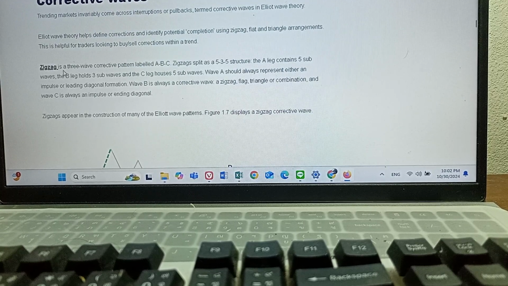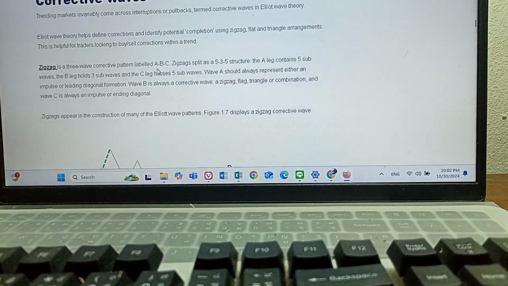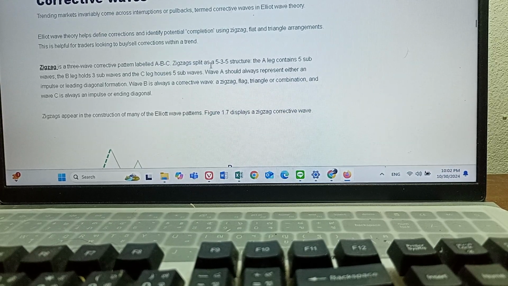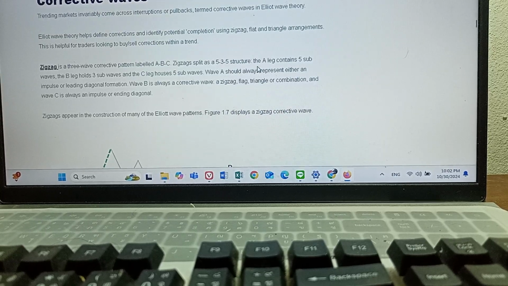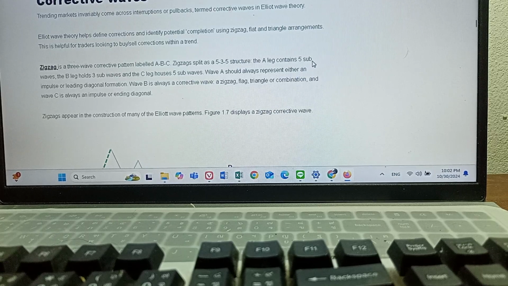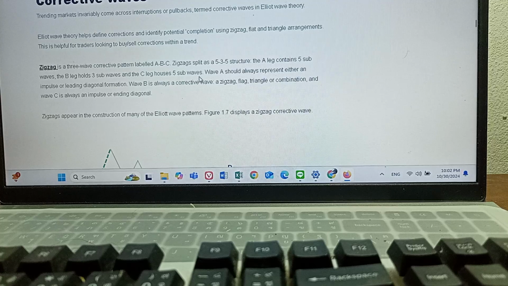Zigzag is a three-wave correction pattern labeled A, B, C. Zigzags spread in a 5-3-5 structure. The A leg contains 5 sub-waves, the B leg holds 3 sub-waves, and the C leg houses 5 sub-waves.